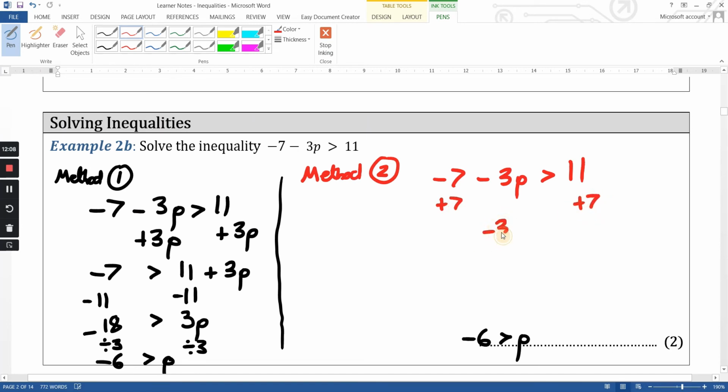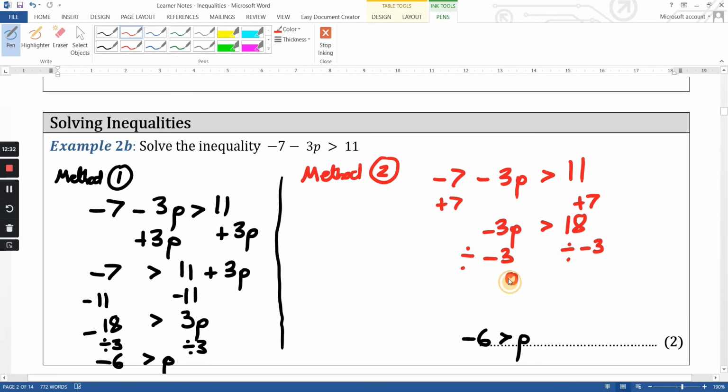I've still got minus 3p on this side, because that minus is with that. On this side I'll get 11 plus 7, which is 18. Now I want to go from minus 3p to positive p, so I'll have to divide by minus 3. I'll have to do the same to this side as well.